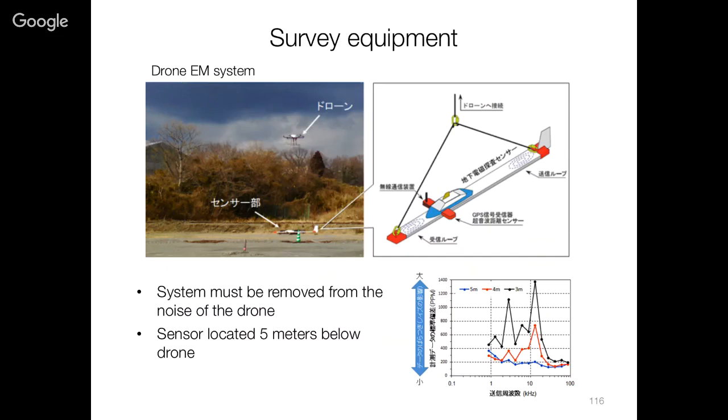So what this plot shows is the signal level that you get by just hanging this thing a certain number of meters from the drone. So 3 meters, you get a signal that looks like that, 4 meters like this, 5 meters like that. So you actually have to be 5 meters away from the drone before you get noise levels that are sufficiently small. So that was the first thing.